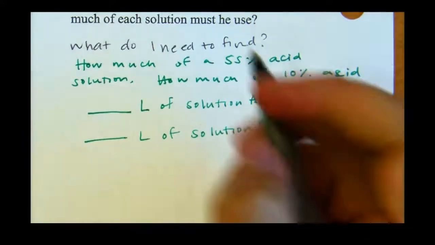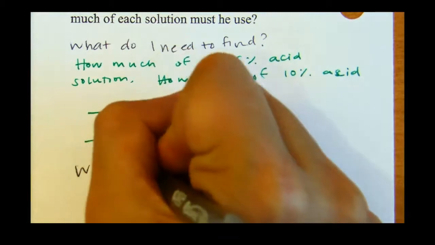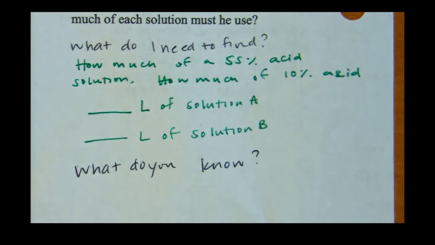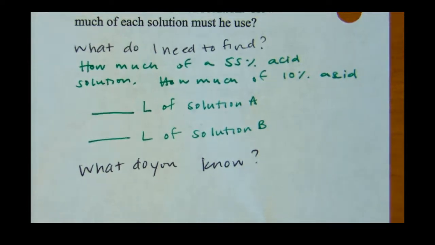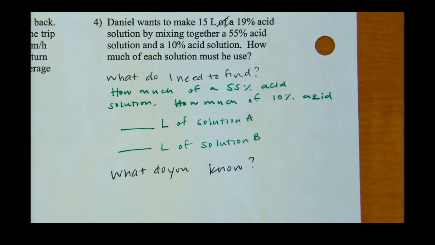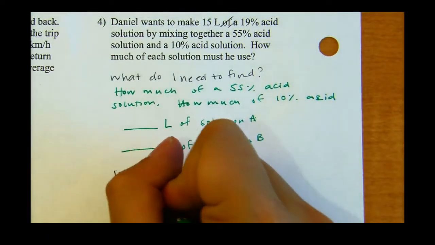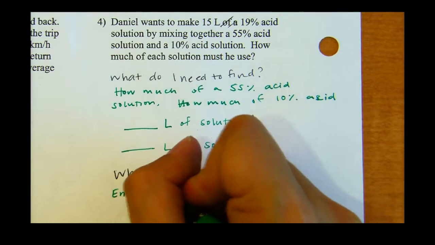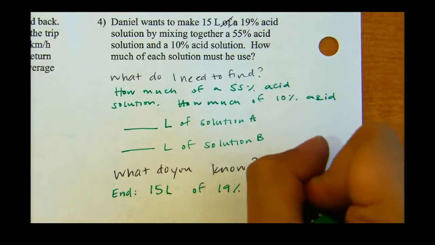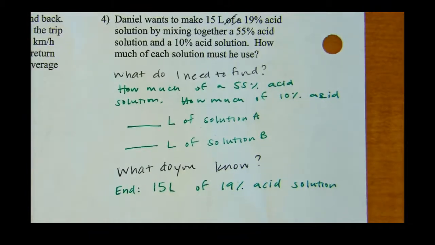Right below this, you're going to identify, what do you know? Well, you know that at the end, you've got 15 liters of a 19% acid solution.